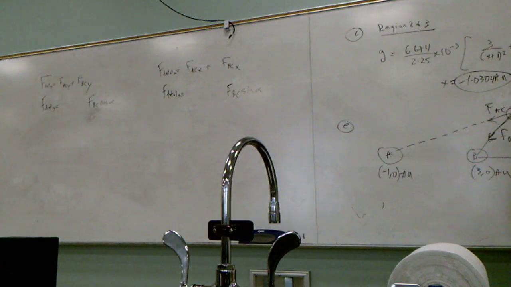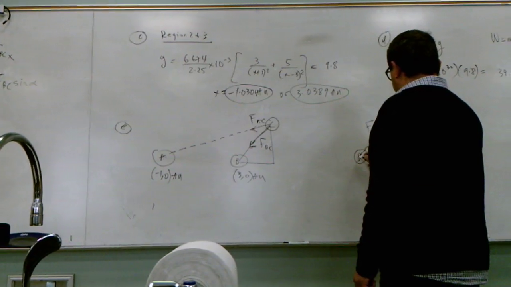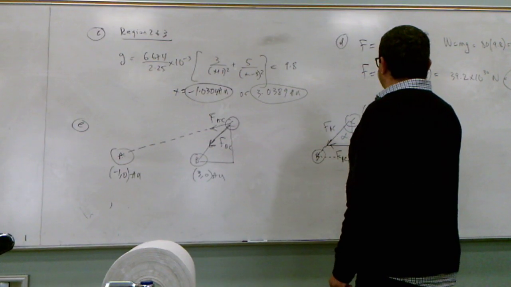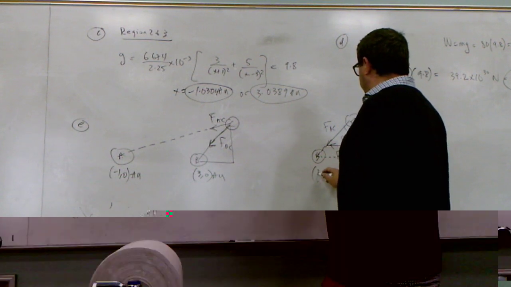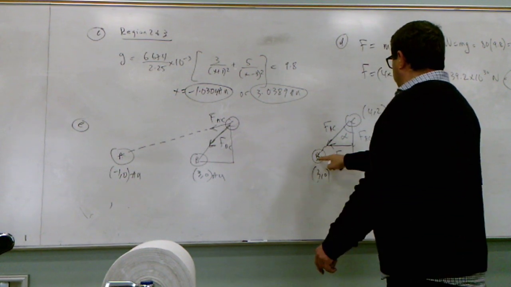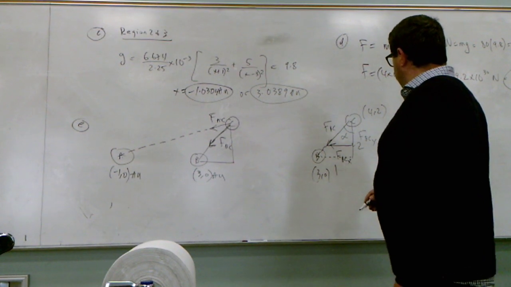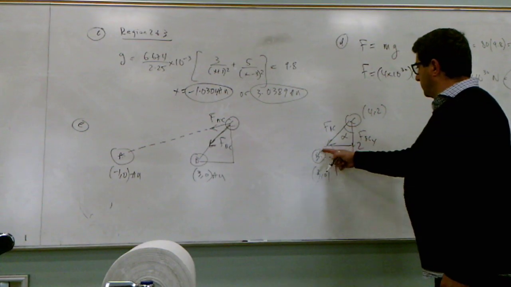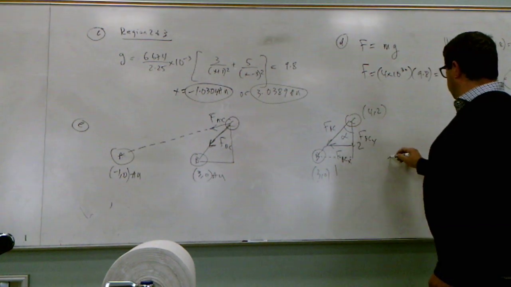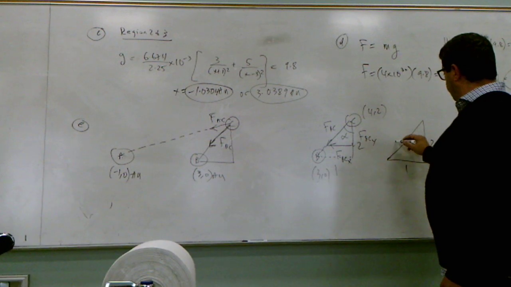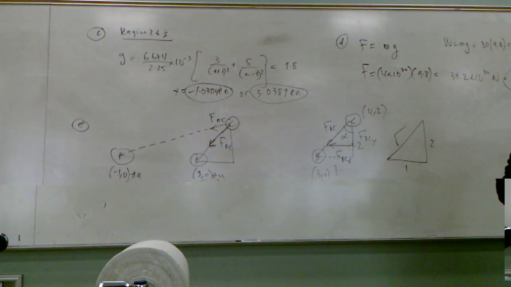Okay, and then so what's that going to be? Since the location of this was 4, 2 and the location of this was 3, 0, right? So this is actually 1 AU and this is 2 AU. And then the hypotenuse of that triangle, right? So this is 1 AU, 2 AU. The hypotenuse is square root of 5, right?